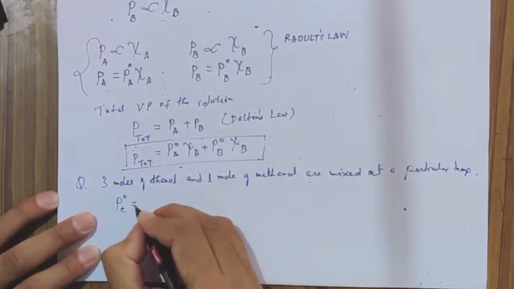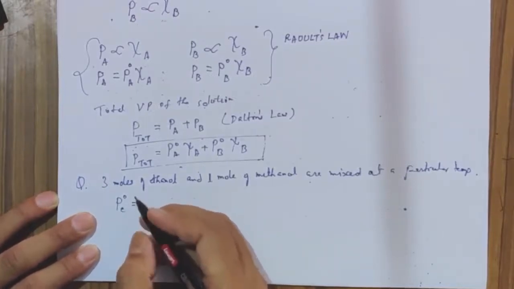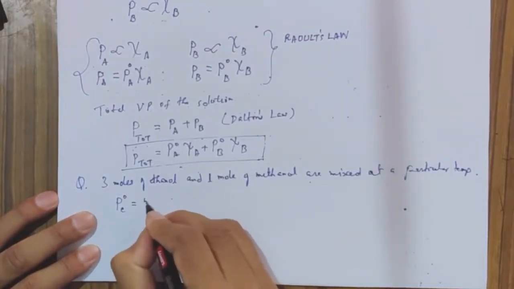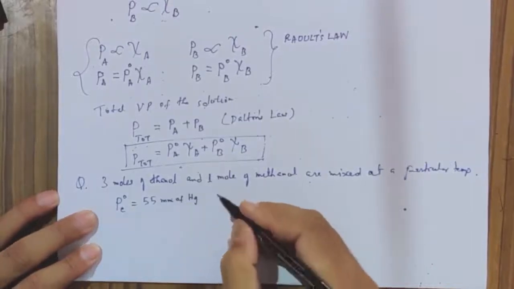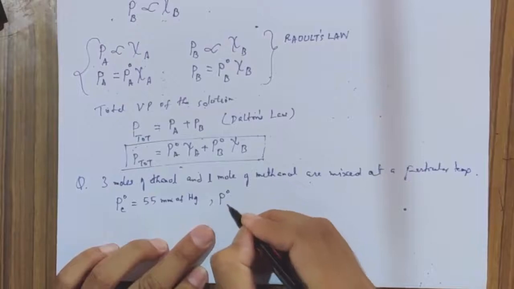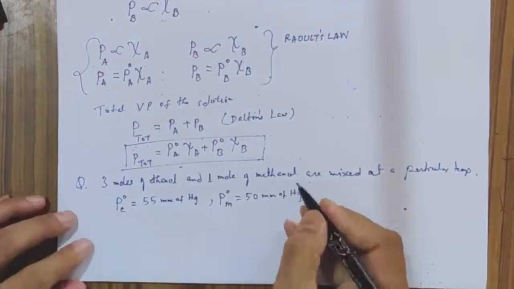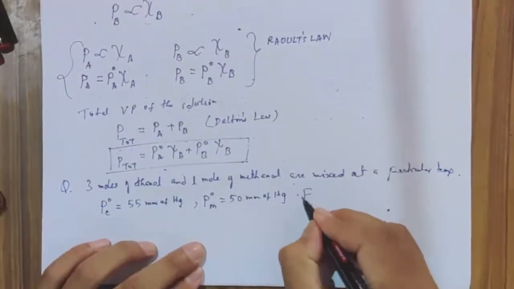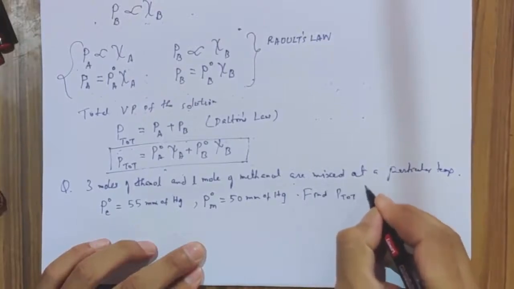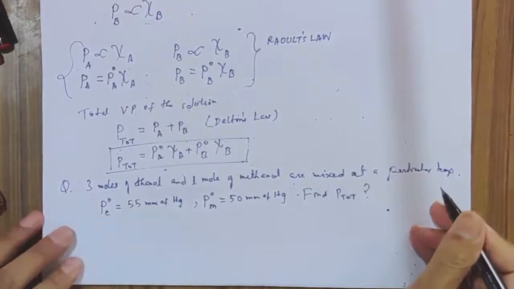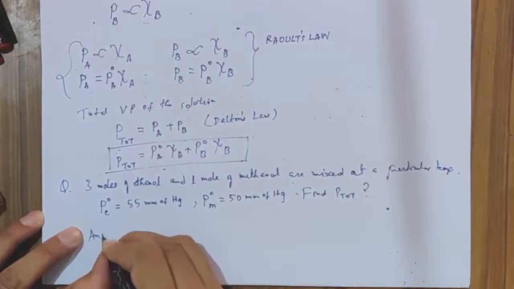What is given is the vapor pressure of pure ethanol, which is 55 mm of mercury. The vapor pressure of pure methanol is 50 mm of mercury. Find P total, the total vapor pressure of the solution.